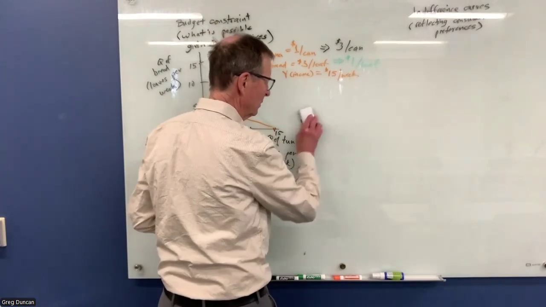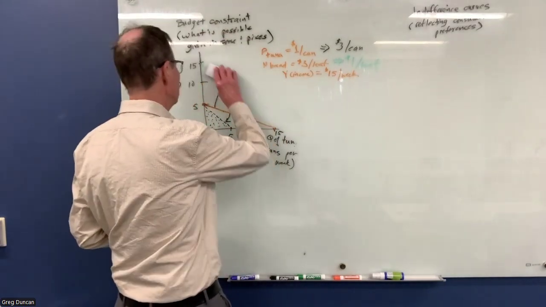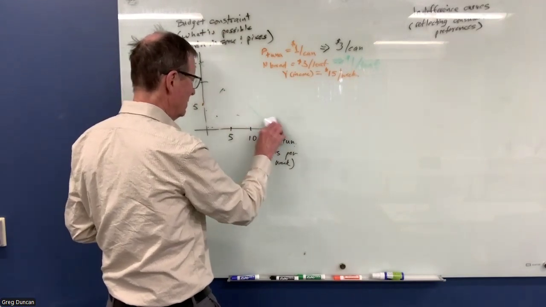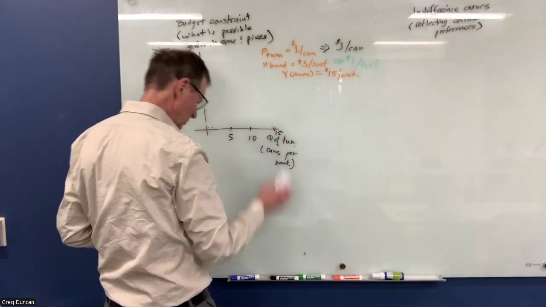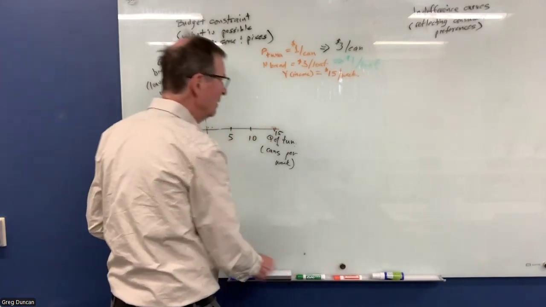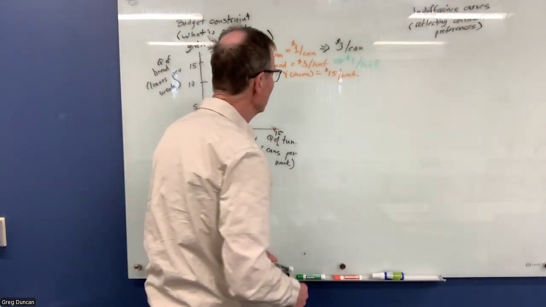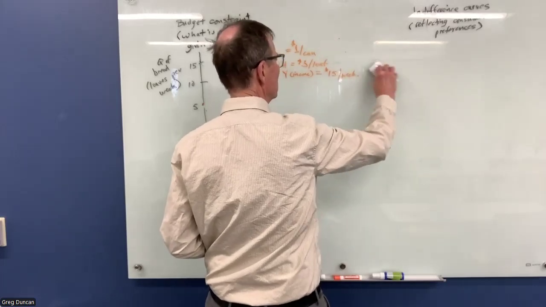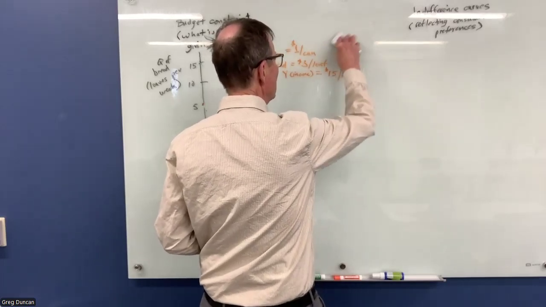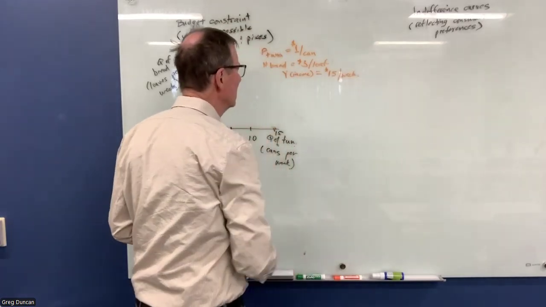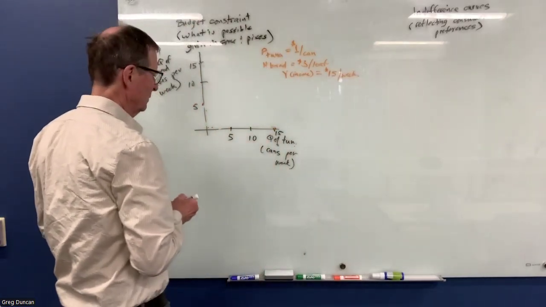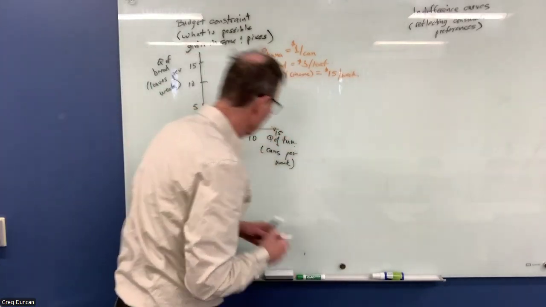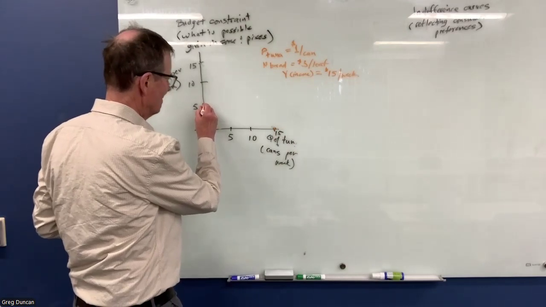All right, so that's what happens when prices change. What happens when income changes? Suppose, let's take away the $3 a can and $1 a loaf, and ask, let's start out with the orange line we had before.